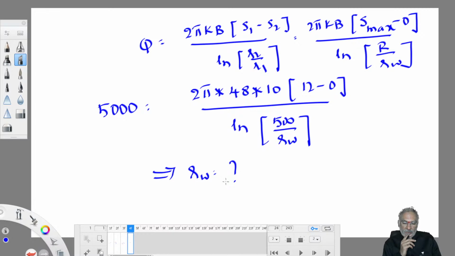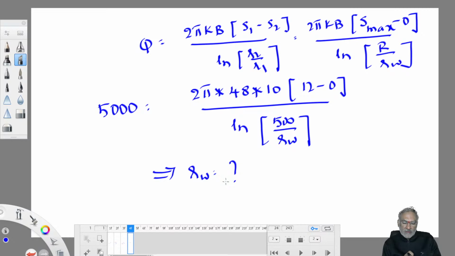1.148 equals 500 by RW. So therefore RW is equal to... how much are you getting?